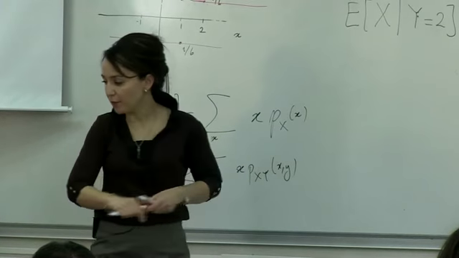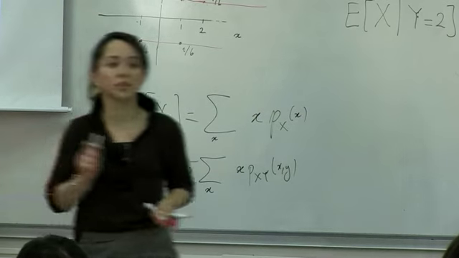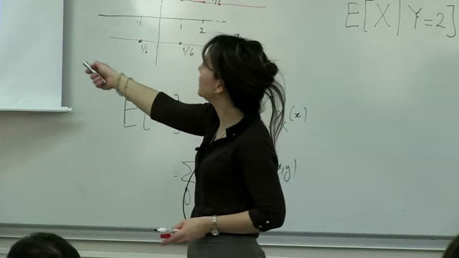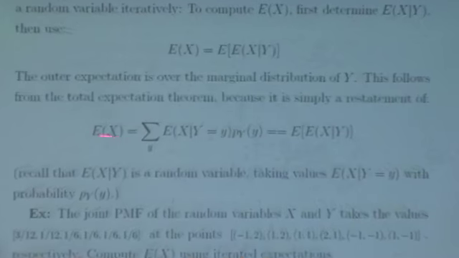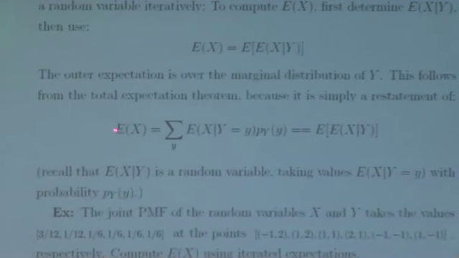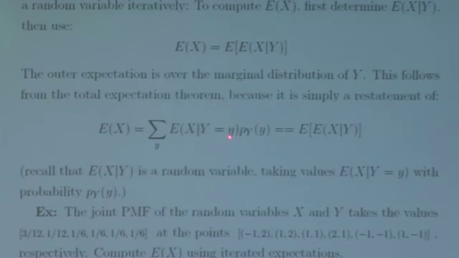Okay, so let's remember something. Let's remember the total expectation theorem. Let's look here on the slide. Expected value of x using the total expectation theorem can be found by conditioning on y equals script y, times the probability that y is equal to script y.